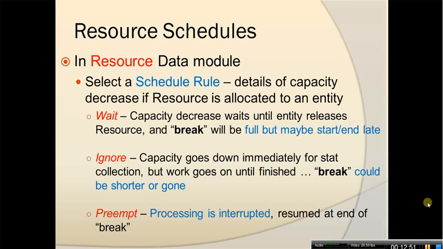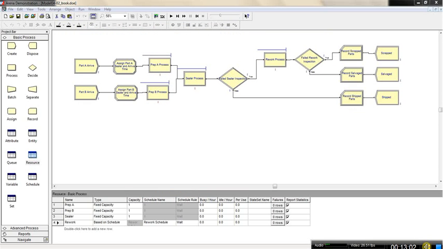So it's important to choose the correct schedule rule in your source when you have a schedule. So now going back to our Arena model, we need to select the appropriate schedule rule. So what we're going to do is change this from wait to ignore.